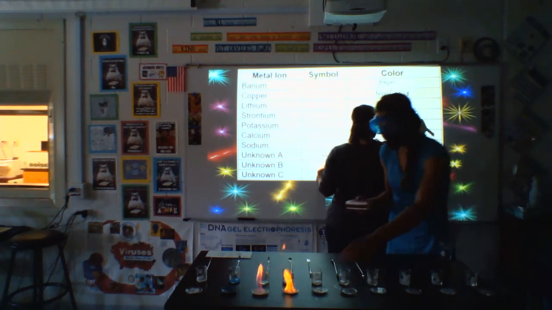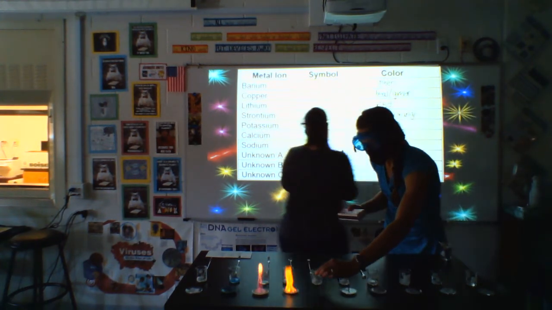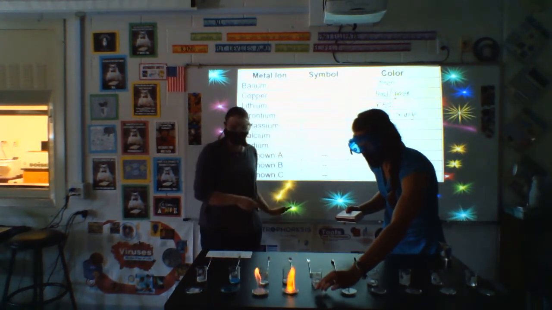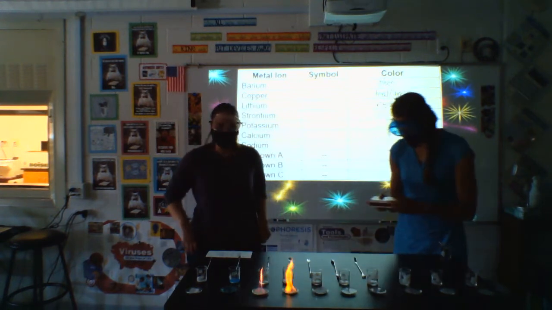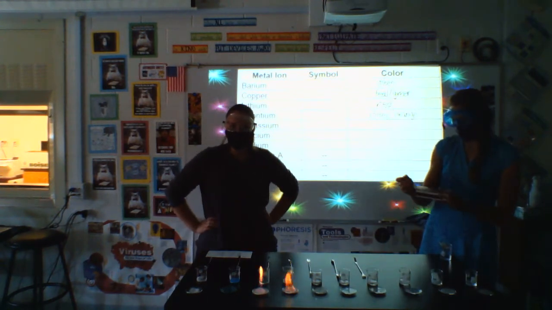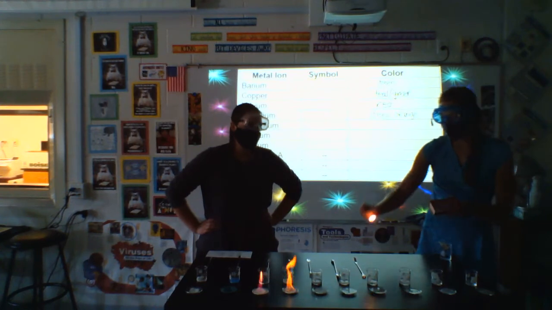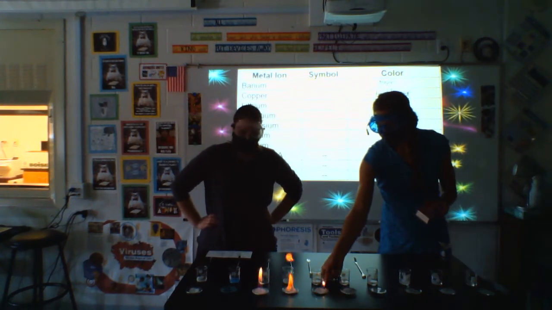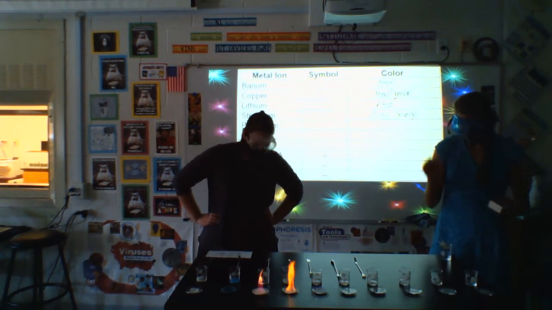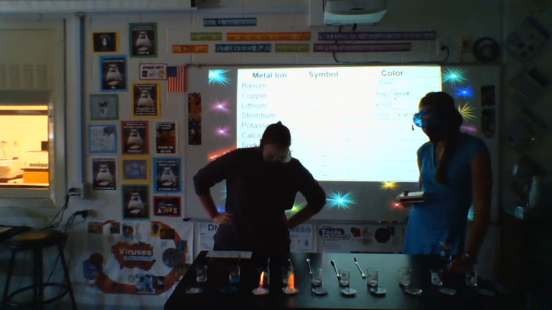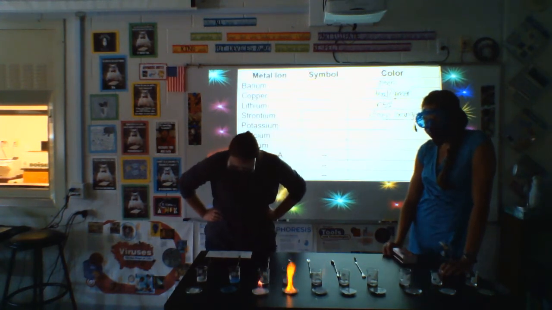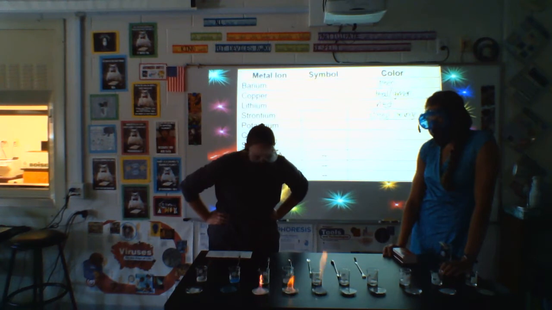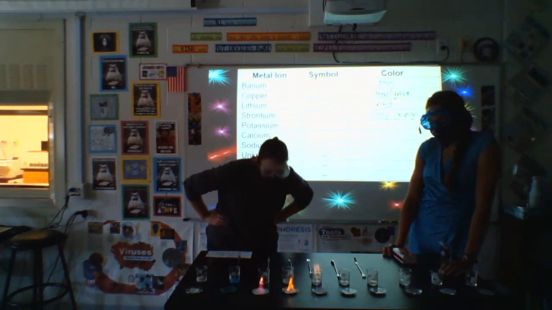All right, next up, guys, is potassium, which, by the way, is chemical symbol K, not P. P is for phosphorus. We're using our Latin words here. So this one, it's kind of hard to tell on the video, but it's making a purpley, pinky, peachy color.